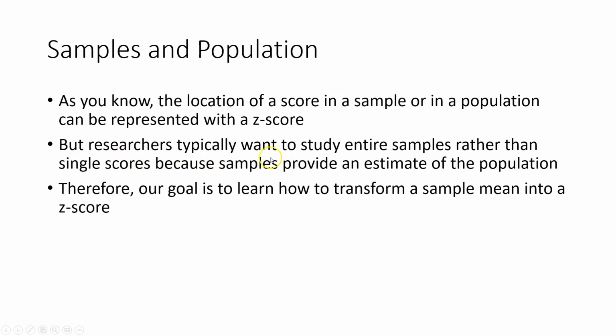But researchers typically want to study entire samples rather than just single scores because samples provide an estimate of the population. Remember, in research, we're trying to use many individuals to guess what the entire population thinks, does, believes. Therefore, our goal is to learn how to transform a sample mean into a z-score. Now, you would think that would be very straightforward, but it ends up getting pretty complex.